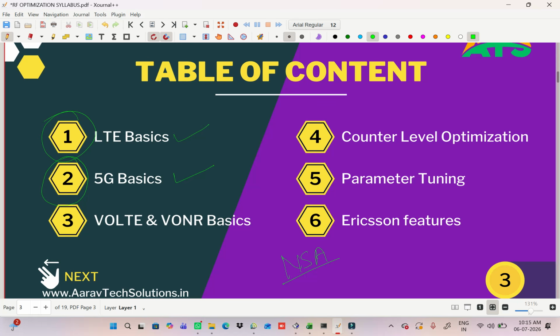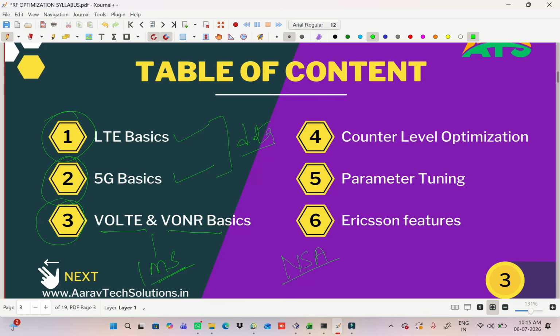Both technologies are for data, not for voice. But in LTE, IMS is placed, and in 5G also, IMS is placed. So through the LTE network, VoLTE calls are placed, and through the 5G network, VoNR calls are placed. Once 5G is finished, we'll move into the VoLTE and VoNR basic call flows and all.